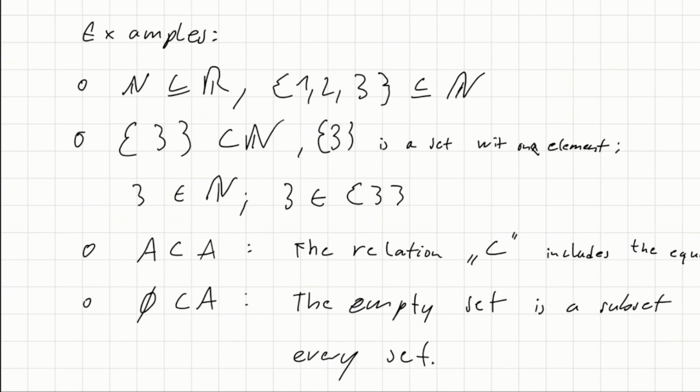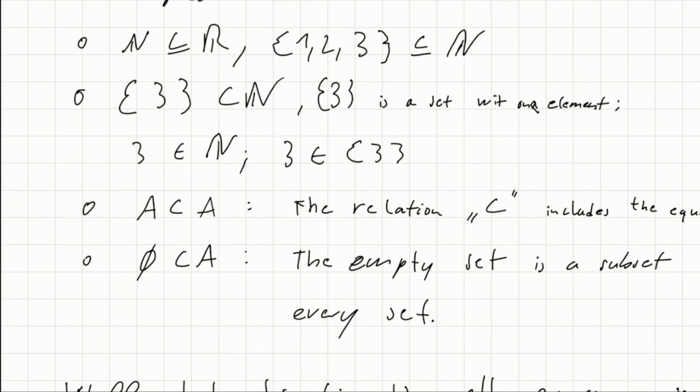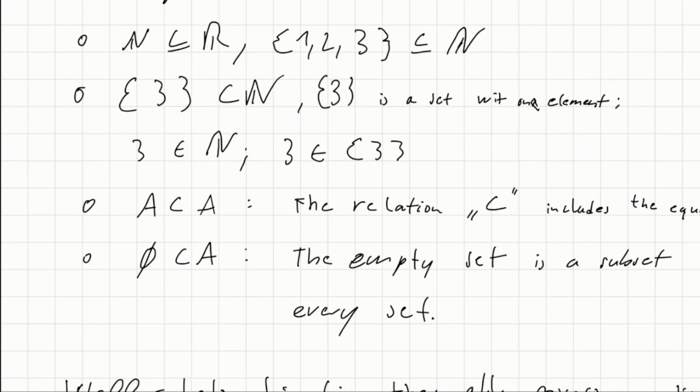So 1, 2, 3 is an element of all natural numbers. Therefore, this logic is very important, 1, 2, 3 is therefore, since it's a subset of the natural numbers, also a subset of all real numbers. So 3 is a subset of the natural numbers. 3 is a set with one element.